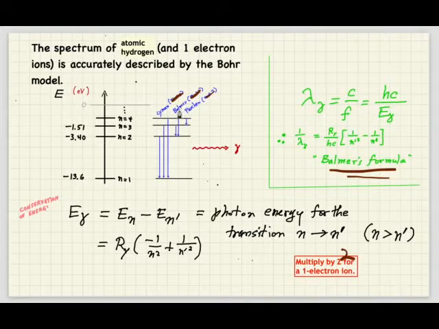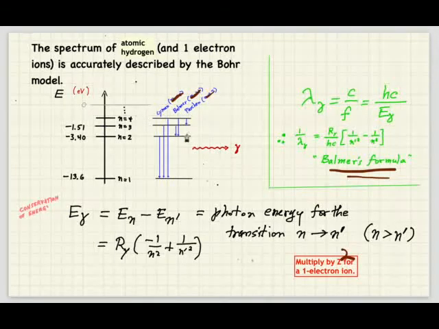There are the transitions where the final value of n is 2. So you can have a transition from n equals 3 to n equals 2, or from n equals 4 to n equals 2, or from n equals 5 to n equals 2, or n equals 6 to n equals 2. In other words, there are an infinite number of transitions where the final value is 2, where n prime is equal to 2.